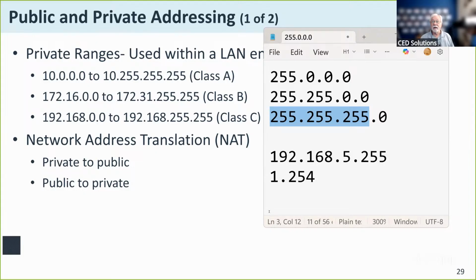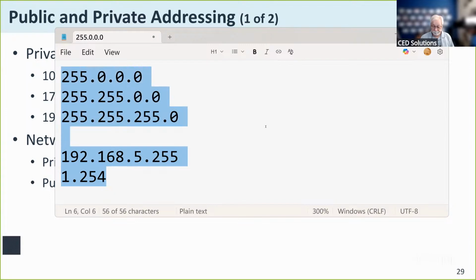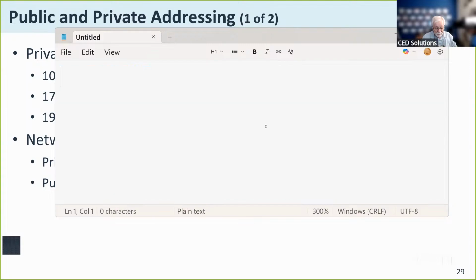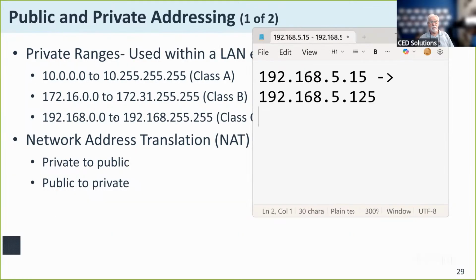Okay. Now, here is an example also, and I'll show you, of how that subnet mask actually works. Let's say my IP address is 192.168.5.15. I want to communicate with a workstation whose IP address is 192.168.5.125. Now, that is within the range, you'll notice, of the Class C private IP address scheme.